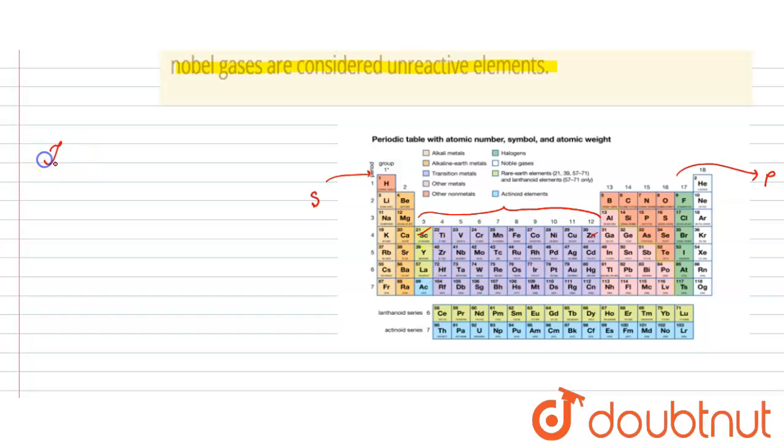We are asked what are transition elements.